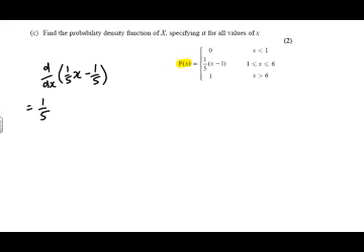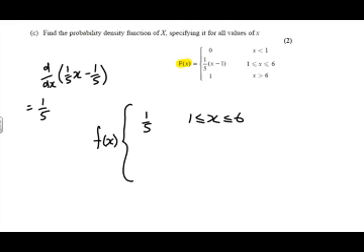The constant negative 1/5 is going to disappear. So to specify the entirety of the probability density function, I'll make sure it takes its regular form. So the f of x, the only function to describe is the 1/5, and that is valid from 1 up to 6 inclusive, and it will be 0 otherwise.